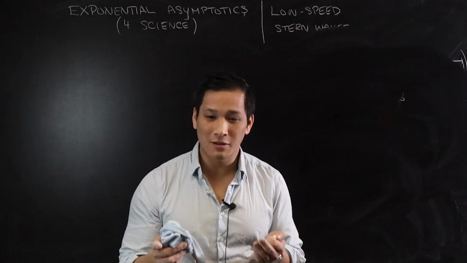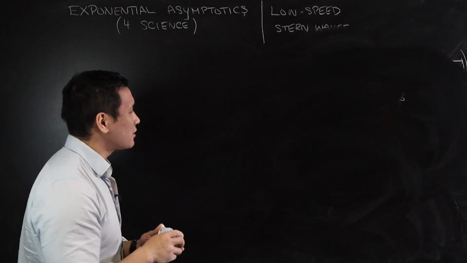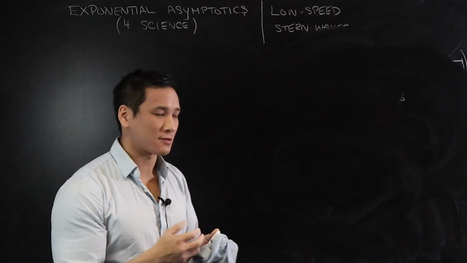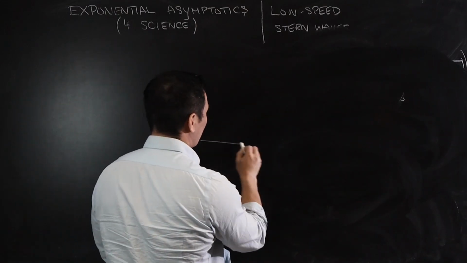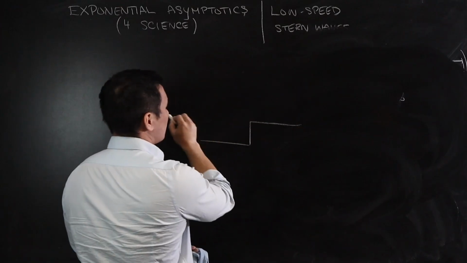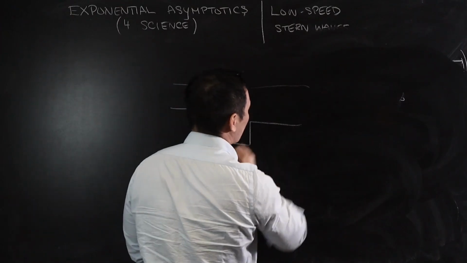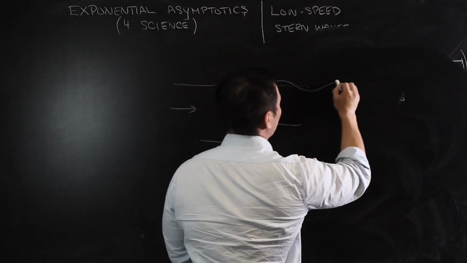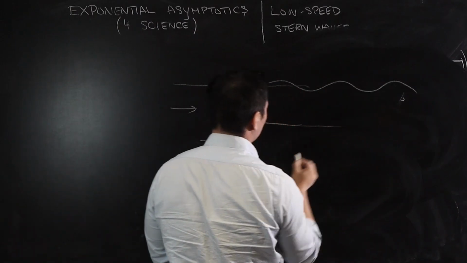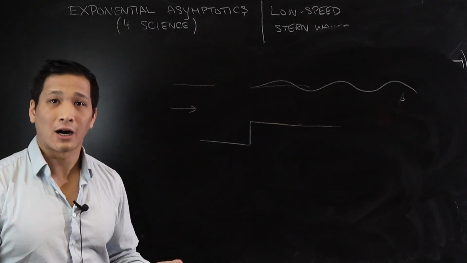And then finally, the last thing I'll say is that here we looked at gravity waves, right? So if I have an obstruction and I have water flow that goes past this obstruction, then gravity waves will be formed downstream from the object.